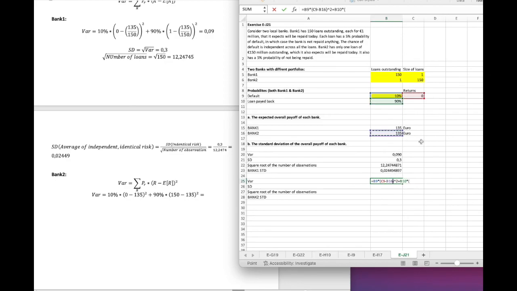This should be this one, and this should be 150 minus 135. So the square of that would be 45, so the average would be 45.